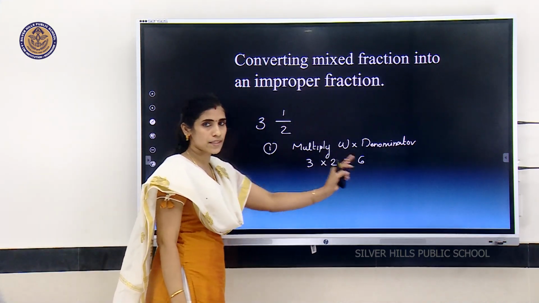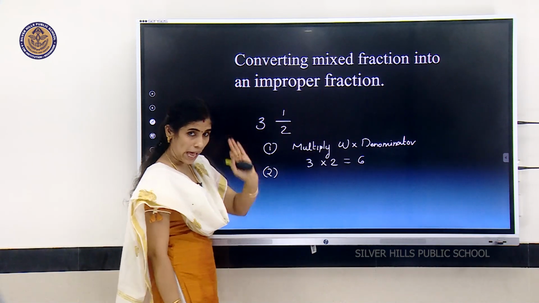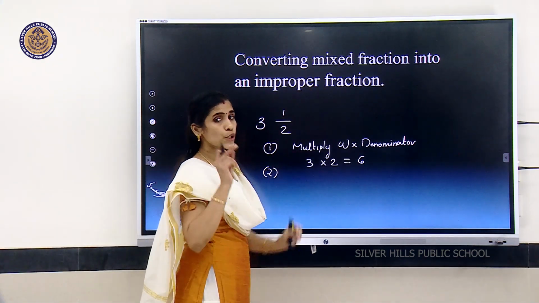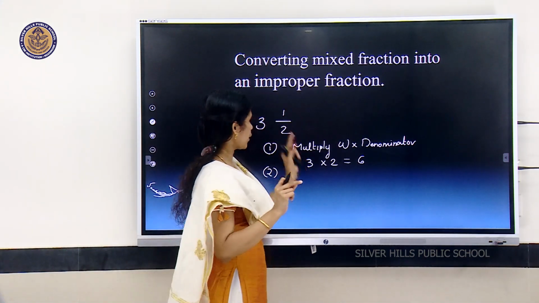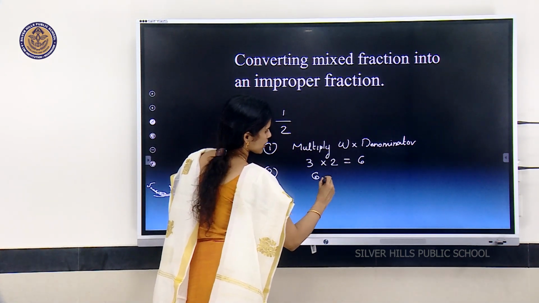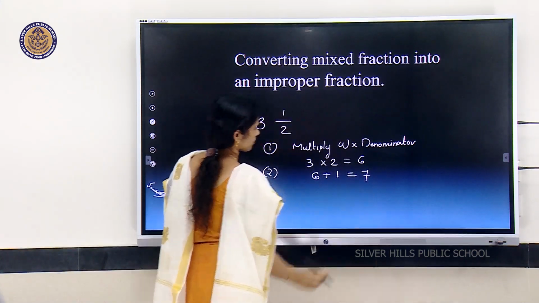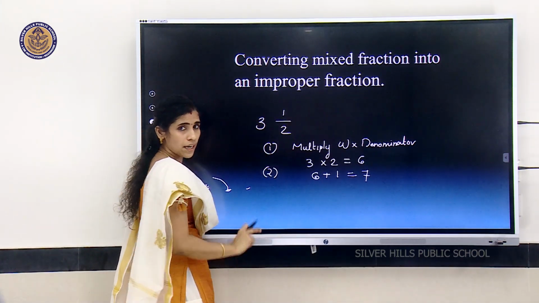And the second step, add the numerator to the product, that is 6 plus 1 is equal to 7. Here 1 is the numerator.